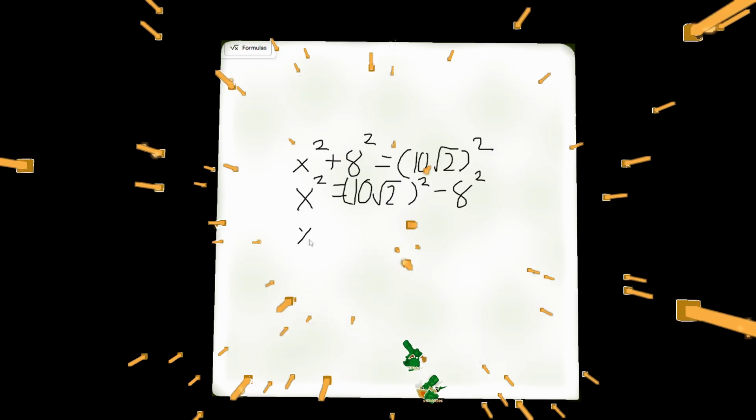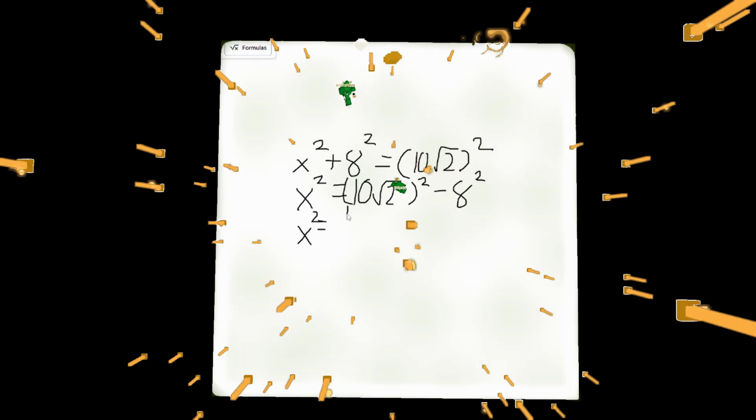Then we can apply this square. We cannot apply it for this X as it is a variable. However here, you can simply apply the square to 10 and apply it to the square root of 2 as these are being multiplied together, which allows us to apply the power to both of the terms.